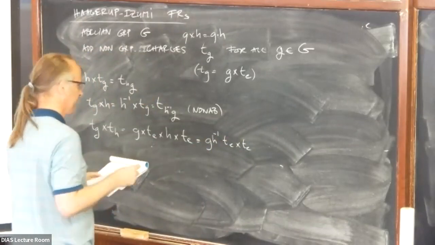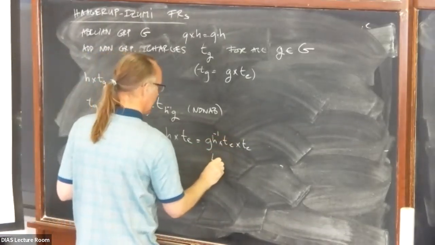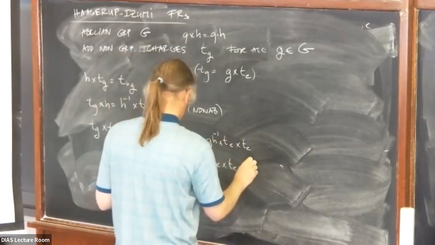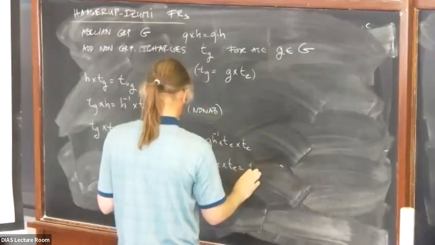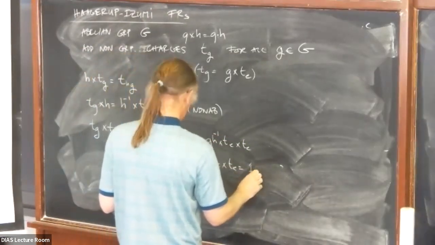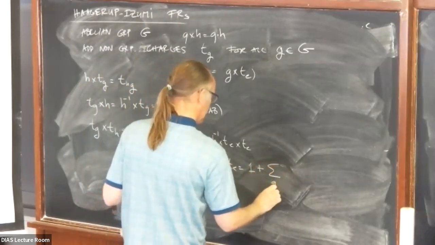And then the trick is that t_e times t_e must be equal to 1 for the unit element of the group plus the sum over t_g.